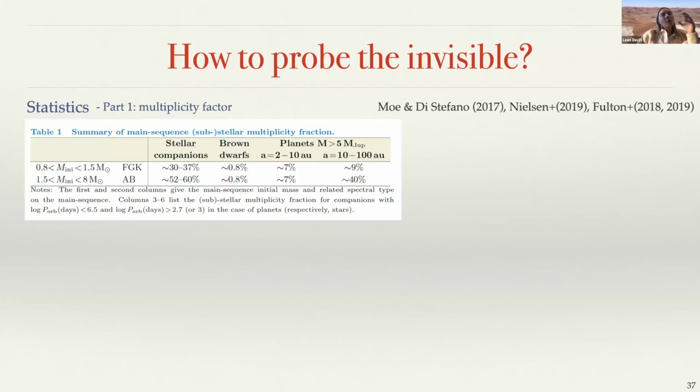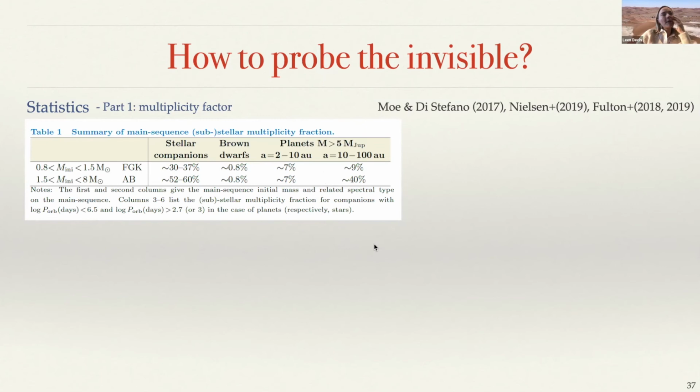If we look at publications that study main sequence stars and the number of companions detected among stars of various spectral types, I differentiate here between smaller stars, smaller than 1.5 solar masses, and stars above that. And you see here, based on various publications, how many stellar companions they have, how many brown dwarfs they have, and how many planets above 5 Jupiter masses have been detected, accounting also for biases.